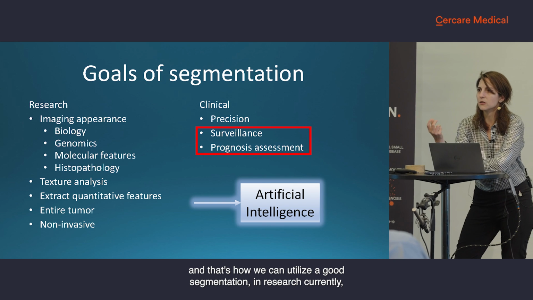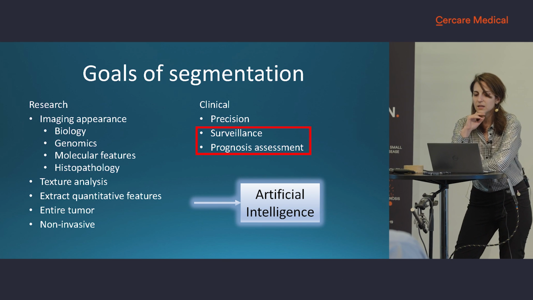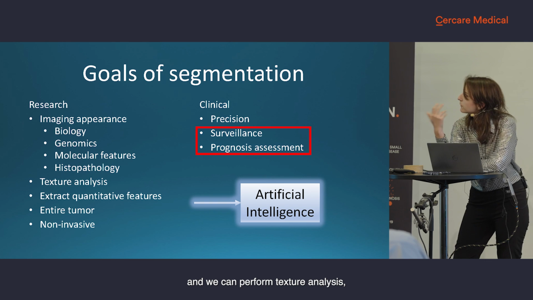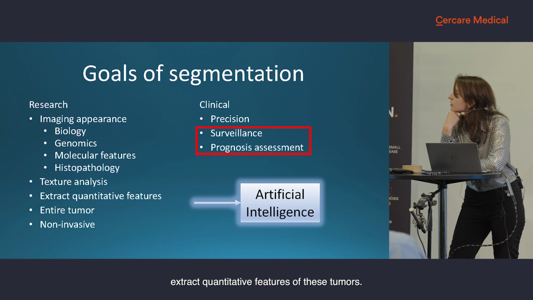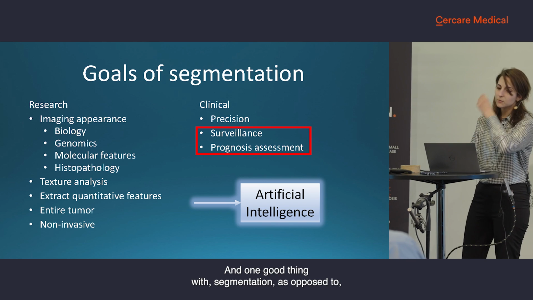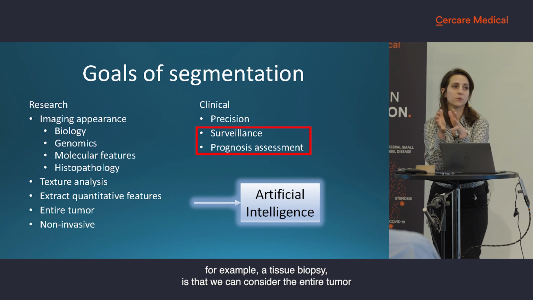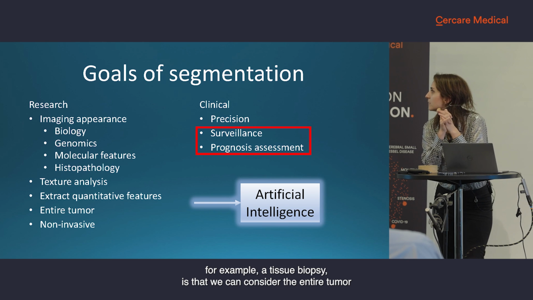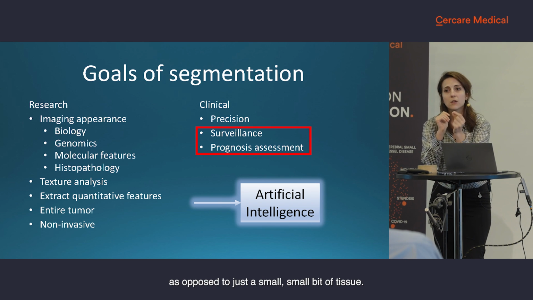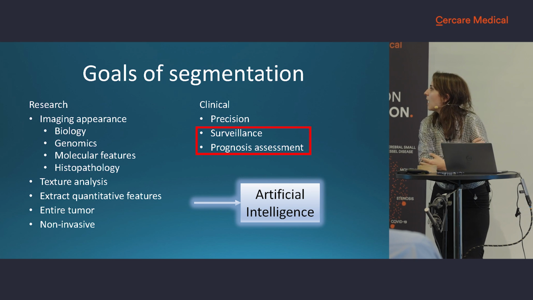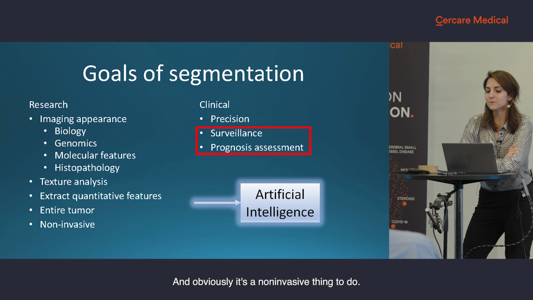And that's how we can utilize a good segmentation in research currently. We can perform texture analysis and extract quantitative features of these tumors. And one good thing with segmentation, as opposed to, for example, a tissue biopsy, is that we can consider the entire tumor as opposed to just a small bit of tissue. And obviously, it's a non-invasive thing to do.